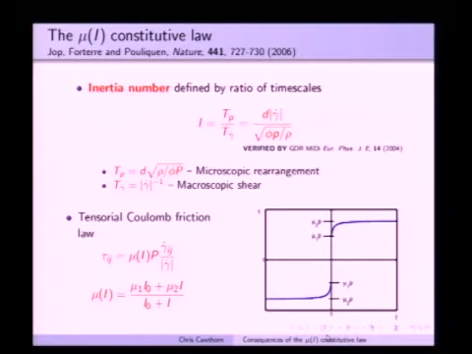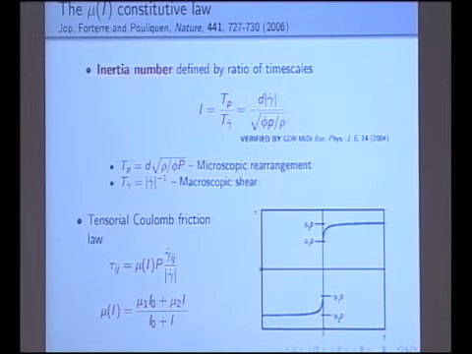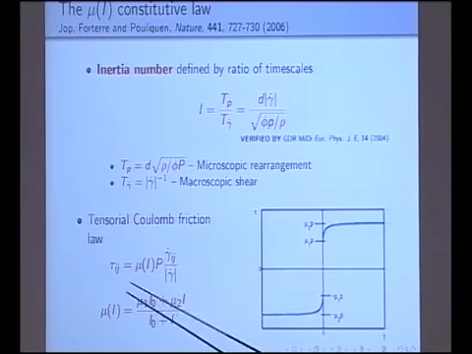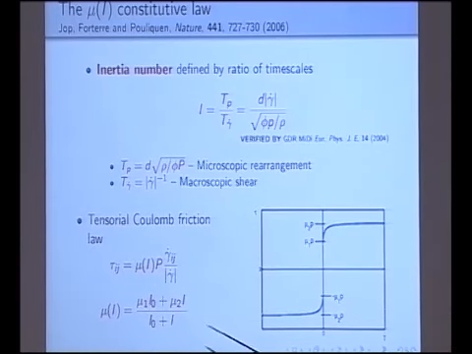Now, with some degree of trepidation, I can see Charlie's looking at me now, so I'm going to be careful here. You'll notice this is now an inertial number, a dimensionless relationship verified by the GDR MiDi. I'm not going to say it's first proposed by or anything like that. But the point is we have this local dimensionless parameter, which is called I, which you can think of as a ratio of two timescales.